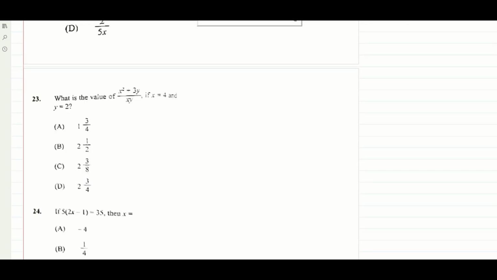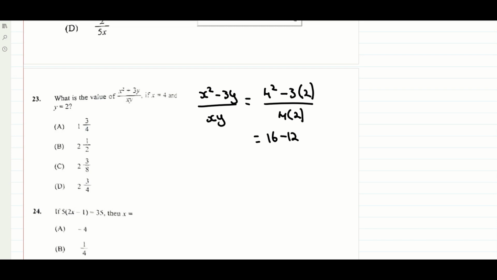Number 23 says, what is the value of x squared minus 3y over xy if x is equals to 4 and y is equals to 2? So it is x squared minus 3y all over x by y, which would be 4 squared minus 3 by y, which is 2, all over 4 by 2. That is 4 4s are 16 minus 12. 3 2s are 6, not 12.